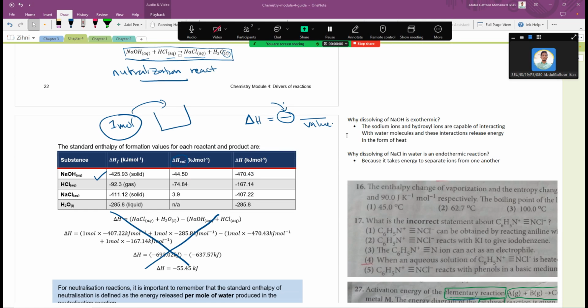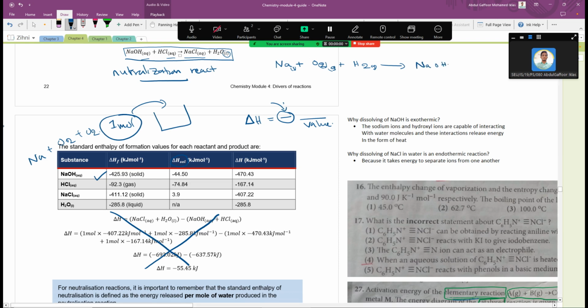So now you see, sodium hydroxide is formed in solid form from sodium, oxygen, and hydrogen. So this is how we have to write: sodium solid plus oxygen gas plus hydrogen gas becomes NaOH.